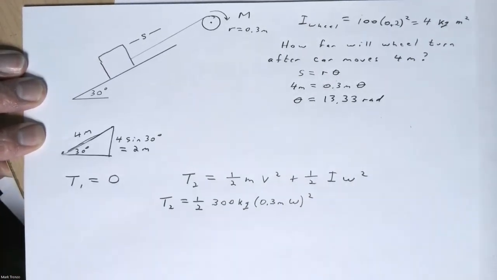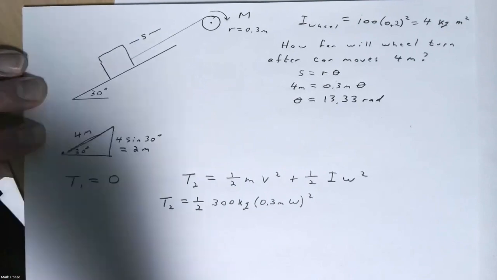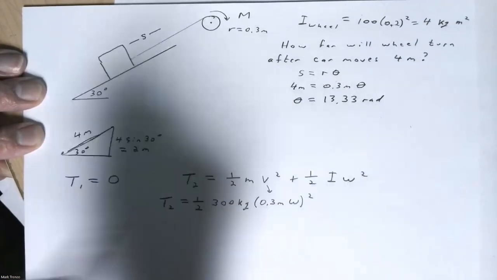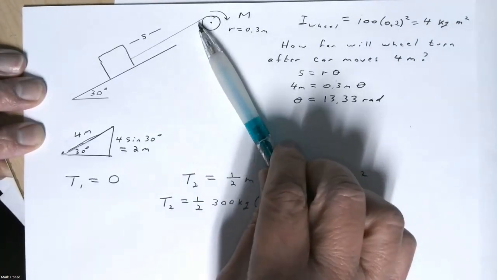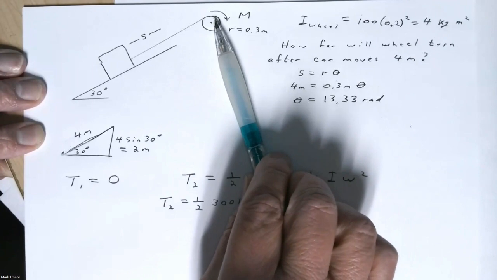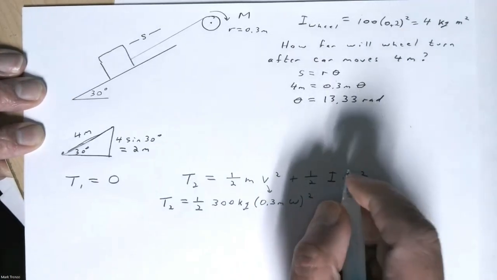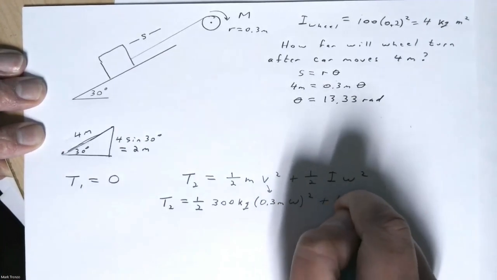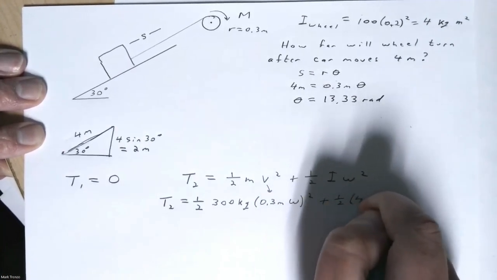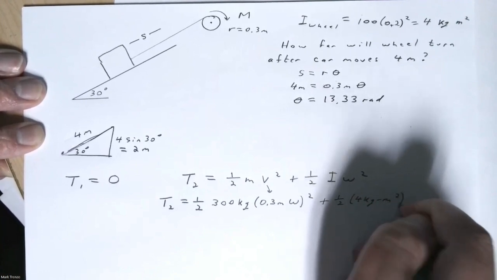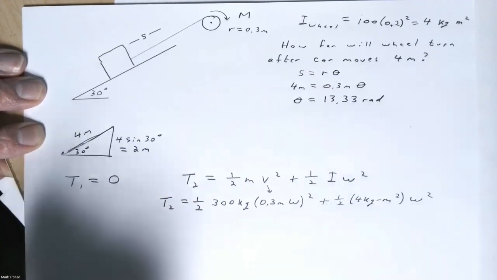That's actually going to be the velocity, because as this wheel is turning, its outer radius is going to be turning at a velocity of whatever the radius is, 0.3 times omega, plus 1/2 the mass moment of the wheel times omega squared.